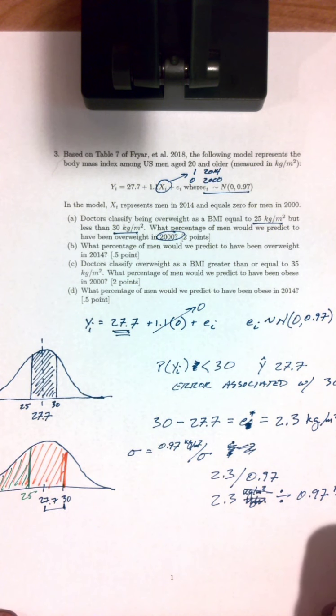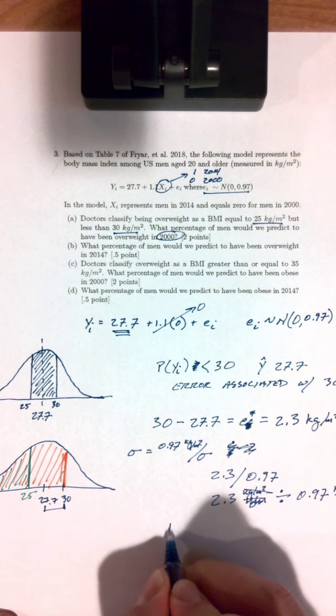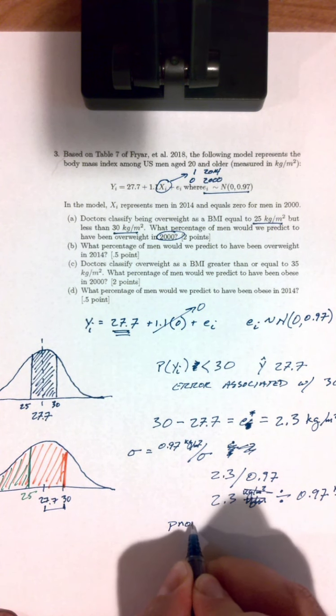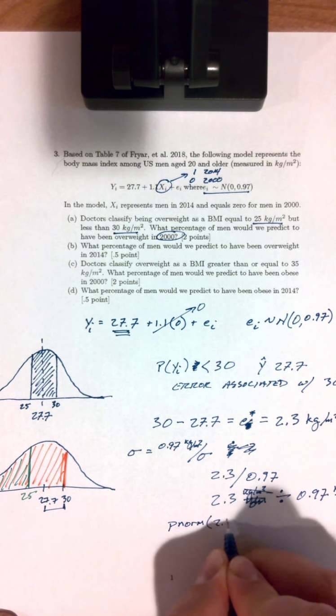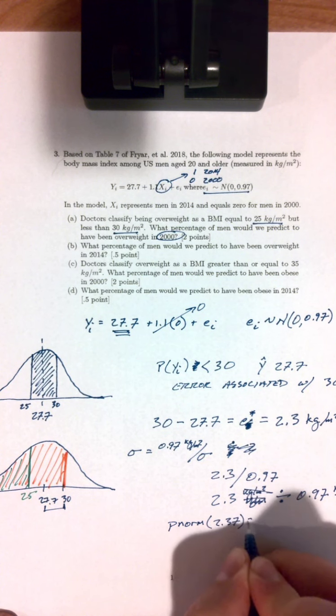So this is the value in standard deviations. We want the probability of that. So we're going to take the value from our pnorm of 2.37.